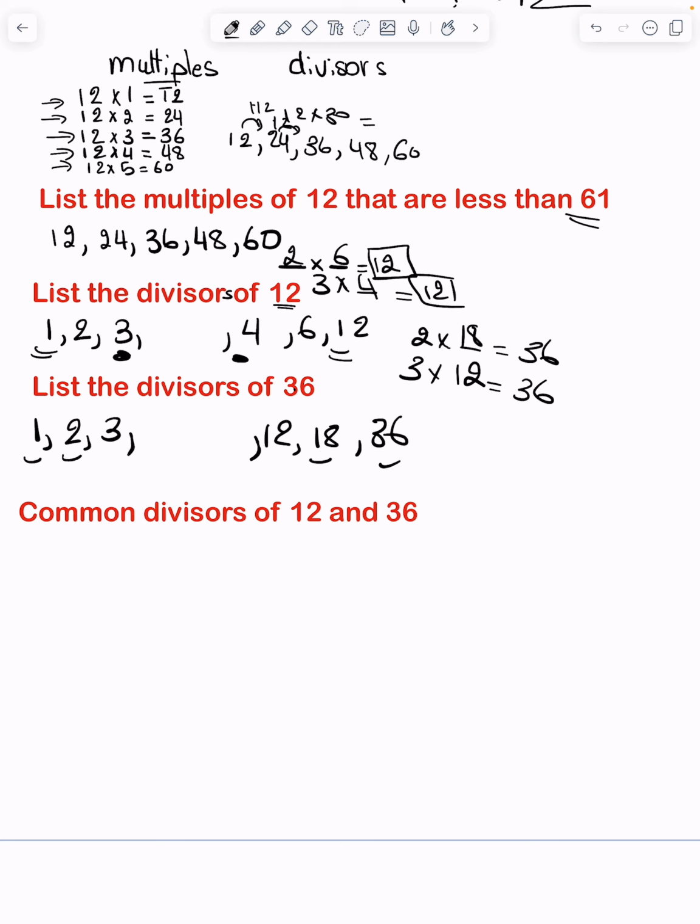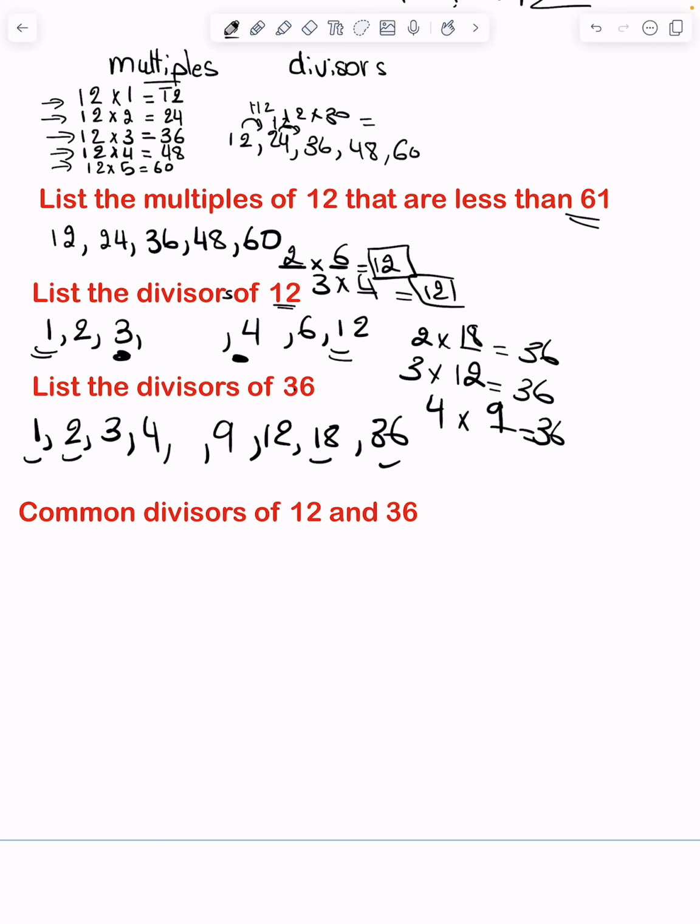What else? What about 4? Is there a number you can multiply by 4 that gives you 36? Yes, 4 times 9 gives you 36.